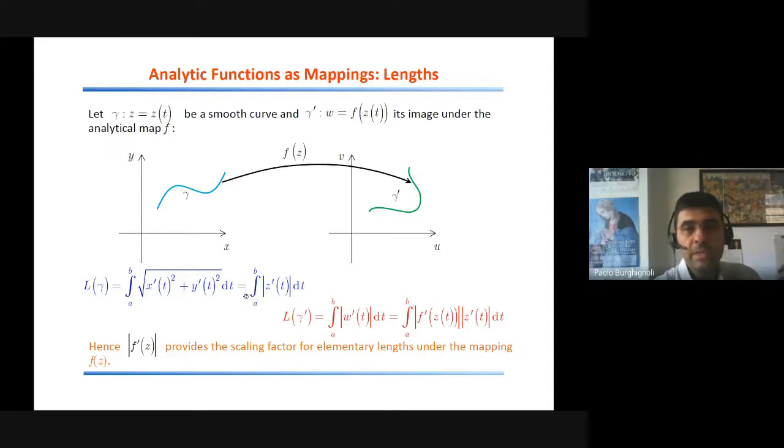This can also be written synthetically using complex functions as the integral of the absolute value of the first derivative of the z function as a function of the parameter t. Now, conversely, the length of the image, for the same reason, will be the integral from a to b of the absolute value of the first derivative of the w function of the same parameter t.